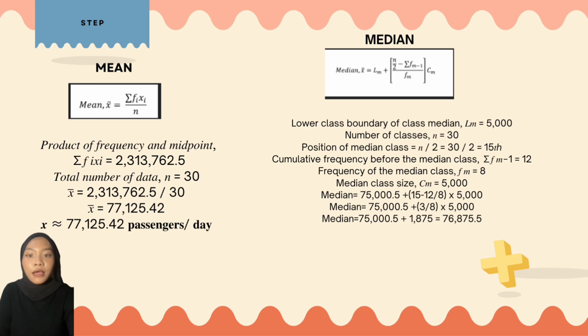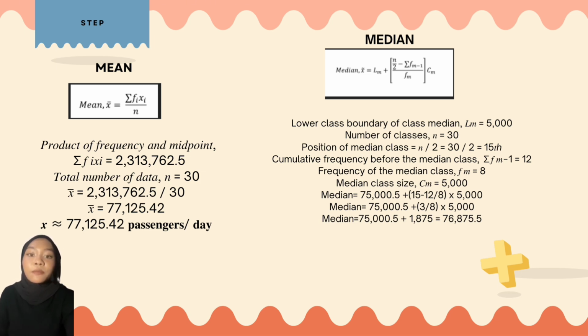So, for the mean calculation, the mean passenger count was calculated as the total sum of daily passengers divided by the number of days, with the total of frequency multiplied by midpoint giving a product of 2,313,732.5 and a sample size of 30 days.